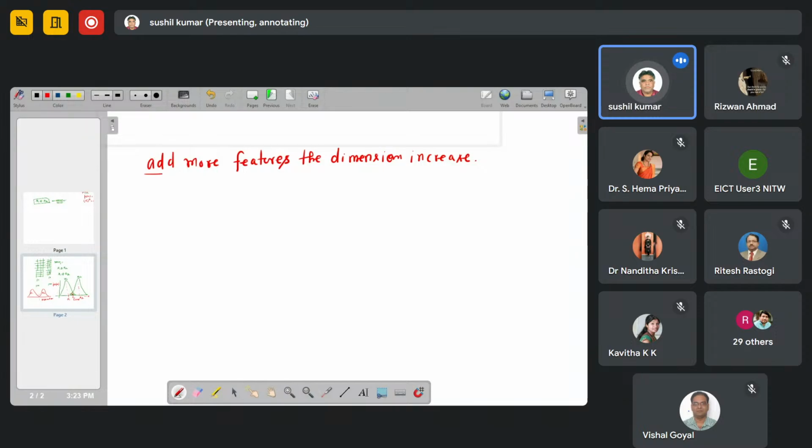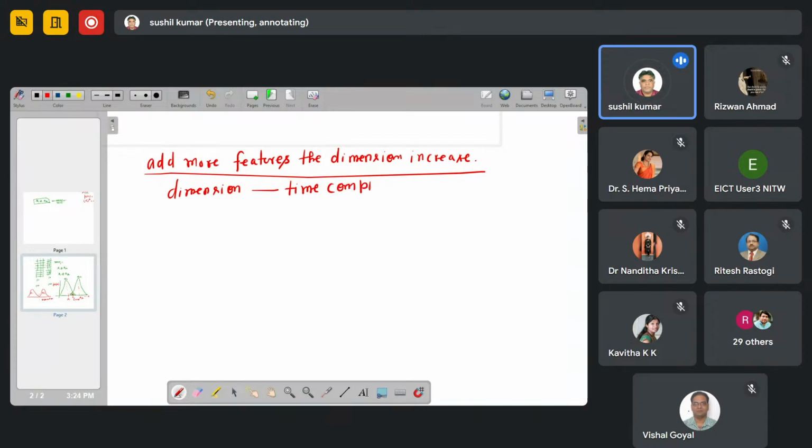So this line is totally correct here. If you are a computer science person, you can understand that when dimension increases, that is not good for computational power. The dimension increase depends directly on time complexity.